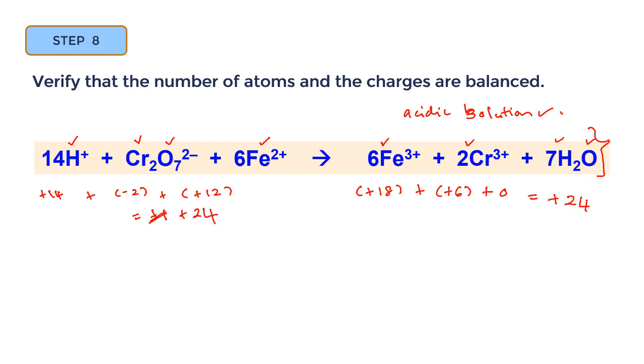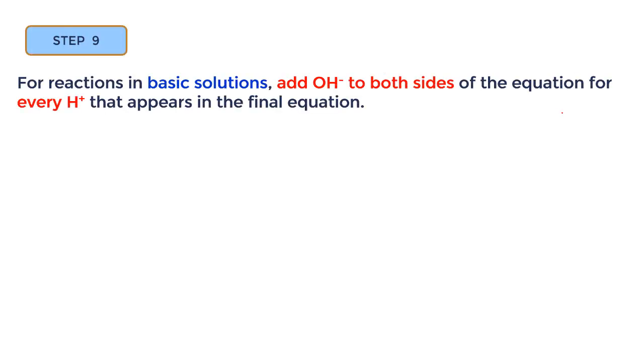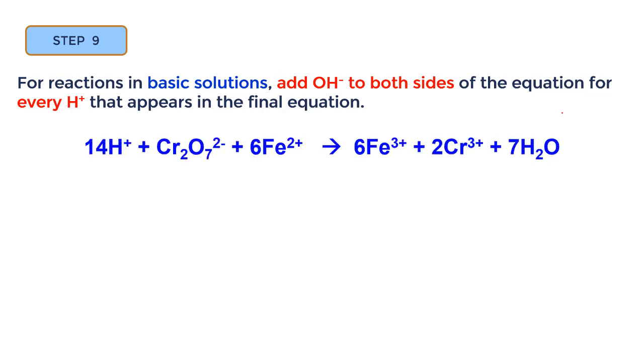But what if the reaction occurs in basic solution? You will do the same step 1 until step 8, but you need to continue with step number 9. For reaction in basic solution, add hydroxide ion OH- to both sides of the equation for every hydrogen ion that appears in the final equation. So this is the final equation balanced just now.